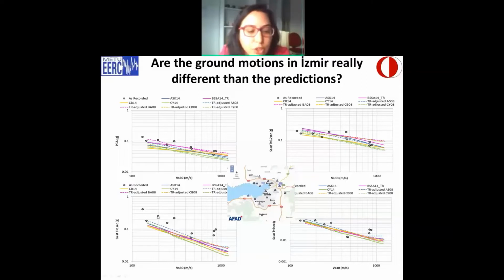The recorded motions, especially at 1 second spectral acceleration, are far higher than the model predictions, no matter which model is used, the Turkey-adjusted or the global models. If we go to 2 seconds, the picture is different again. We can see that there is again an almost good fit between the model predictions and the recorded data.